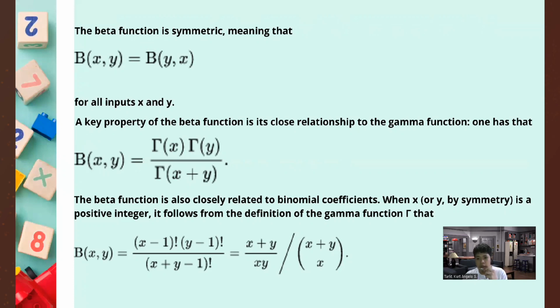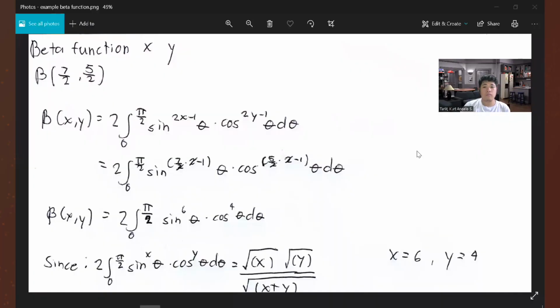When x or y, by symmetry, is a positive integer, it follows from the definition of the gamma function that B(x, y) = (x-1)!(y-1)! / (x+y-1)! = (x+y)/(xy) times the binomial coefficient of x+y choose x. So, beta function xy.